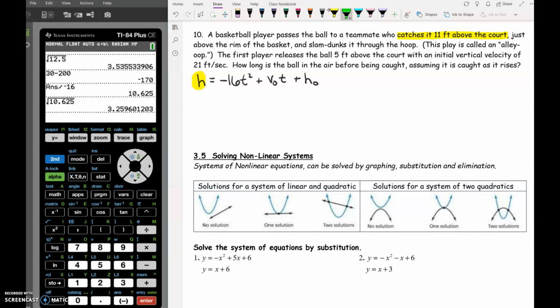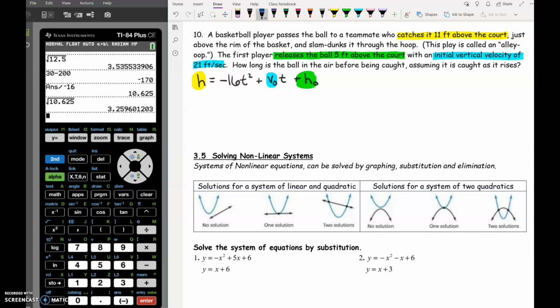The first player releases the ball 5 feet above the court. What does that sound like? Initial height. With an initial vertical velocity of 21 feet per second. That sounds like that number. How long is the ball in the air before being caught?